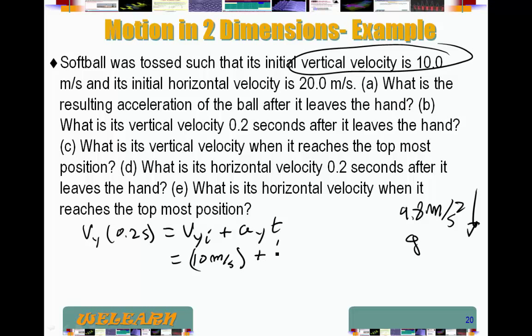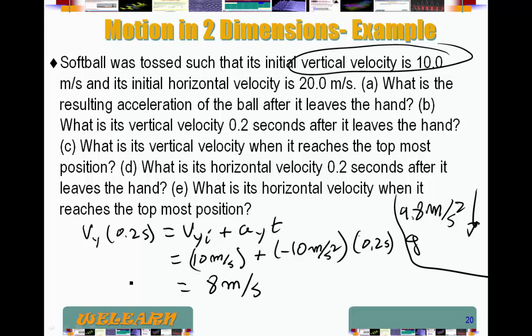A sub y is minus 10 meters per second squared, and t is 0.2 seconds. So that leads me to 10 minus 2, which is 8 meters per second. That's the vertical velocity 0.2 seconds after it leaves the hand.